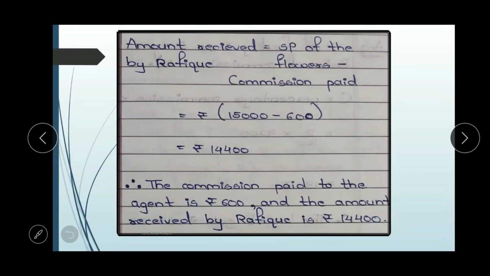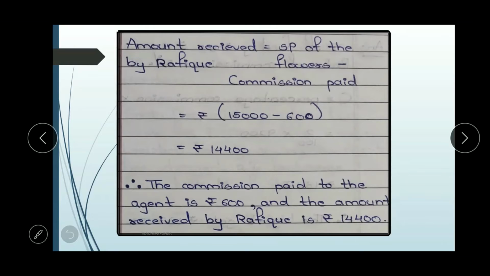Now amount received by Rafiq is also asked. So amount received by Rafiq is equal to, what is the cost of the flowers? The selling price of the flowers minus commission he paid to the agent. So it is 15,000 minus commission paid to the agent, 600.